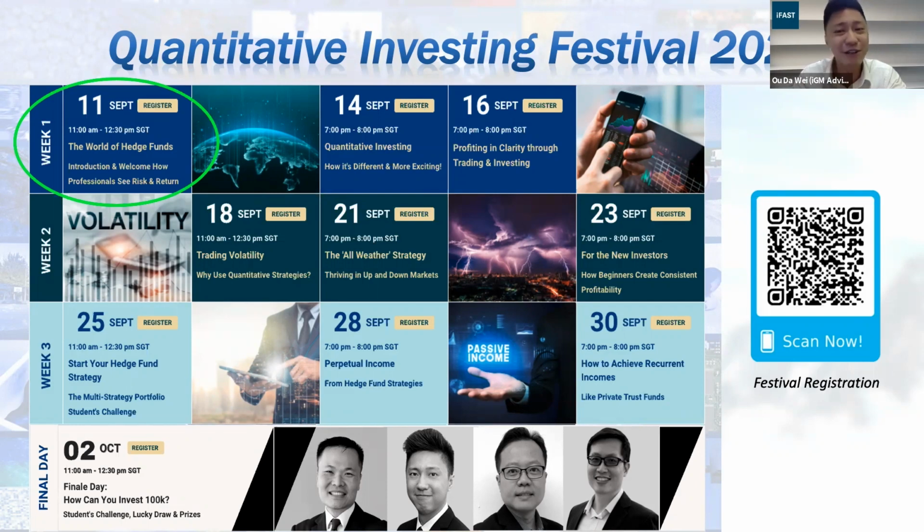And so today we are going to talk about these with my fellow panel of speakers, whom we'll be introducing shortly. Following which, we are going to talk about a very important and even crucial concept of quantitative investing, which is on risk and return. Of course, at the end of the day, we want returns, all of us. But how do you get those returns more consistently?